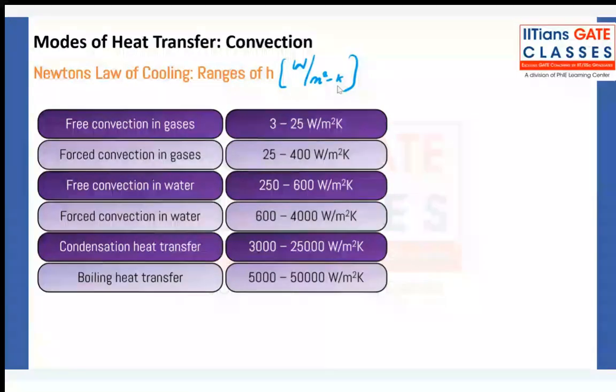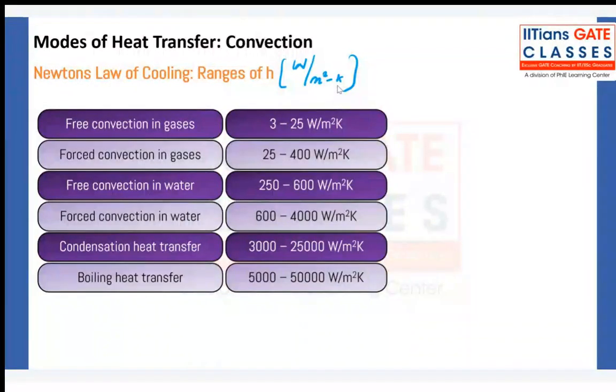Very important: a lot of people get confused between the units of thermal conductivity and heat transfer coefficient, but you should not have any confusion. The thermal conductivity unit is watt per meter Kelvin, and the heat transfer coefficient is watt per meter square Kelvin.